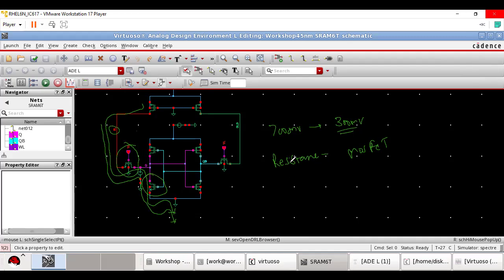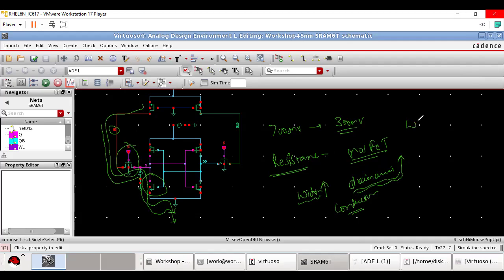And what is the characteristic of a MOSFET? In a MOSFET, if you increase the width, then drain current increases. If your width increases, drain current increases, which means your transistor is becoming a good conductor.